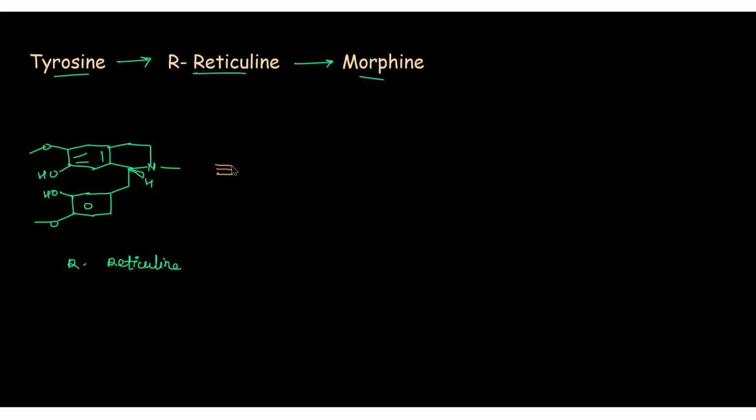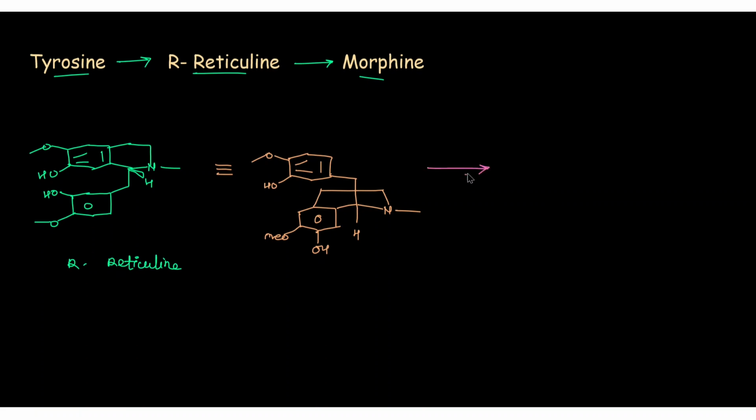the structure of R-reticuline also written like that. So this R-reticuline on treatment with O2 and NADPH, one electron oxidation of the phenol group produces a resonance stabilized radical.